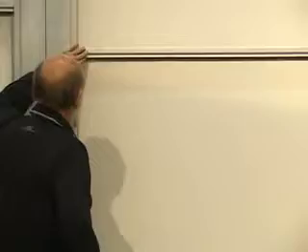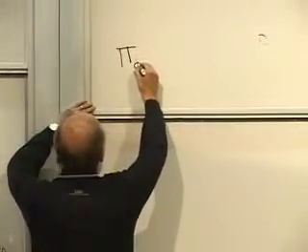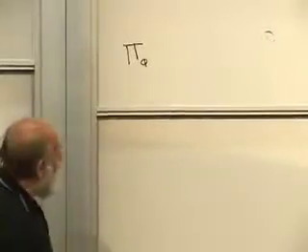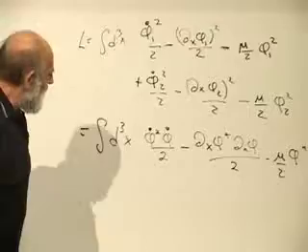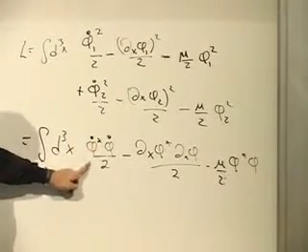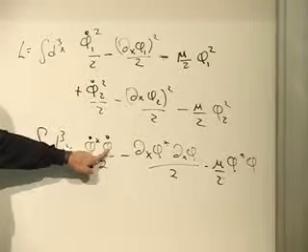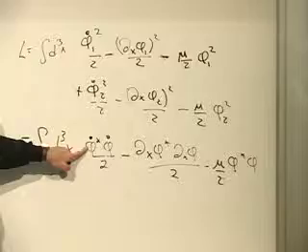So here's the idea. What is the canonical momentum conjugate to phi? Here's our Lagrangian. What's the canonical momentum conjugate to phi? It's the derivative of the Lagrangian with respect to phi dot, right? That's its definition. But that's just phi star dot.